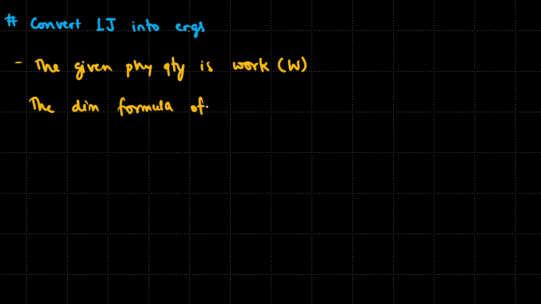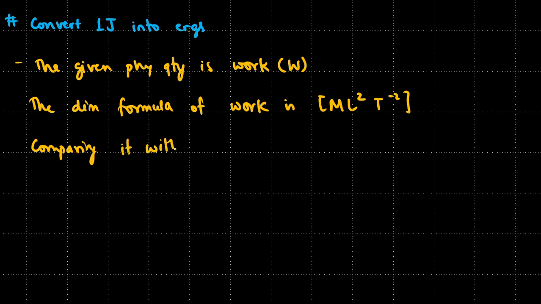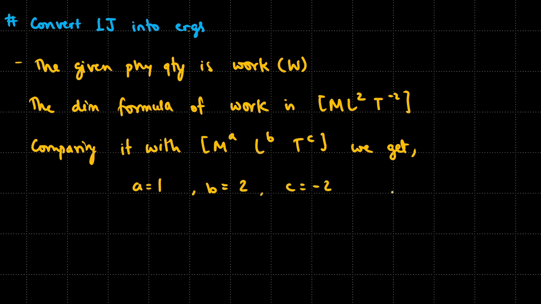formula of work is ML squared T to the minus 2, and comparing it with M to the power a, L to the power b, T to the power c, we get a is equal to 1, b is equal to 2, and c is equal to minus 2.